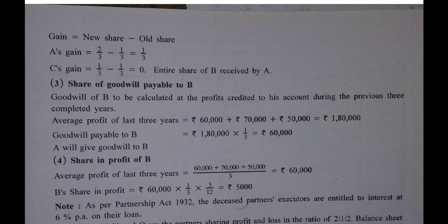So there is only one partner who gains, that is A. This simply means that the entire share of B is gained by A. So the share of goodwill to be given to B will be given by A only, not C, because C does not gain. It is 0 in the calculation.